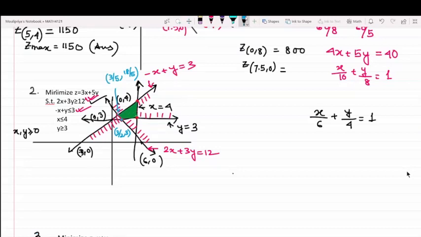So tell me the value of z at (3/2, 3) and the value of z at (3/5, 18/5). Ma'am, at (3/2, 3) it's 19.5.